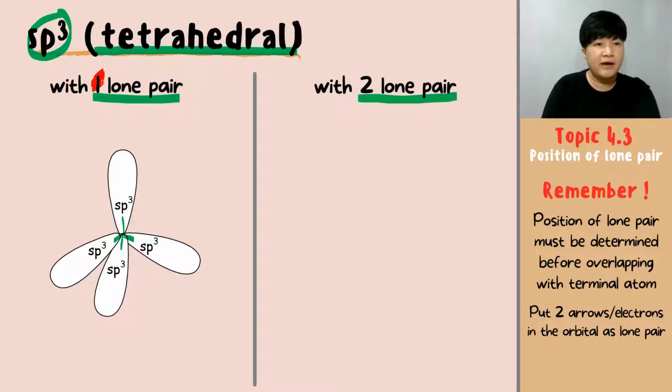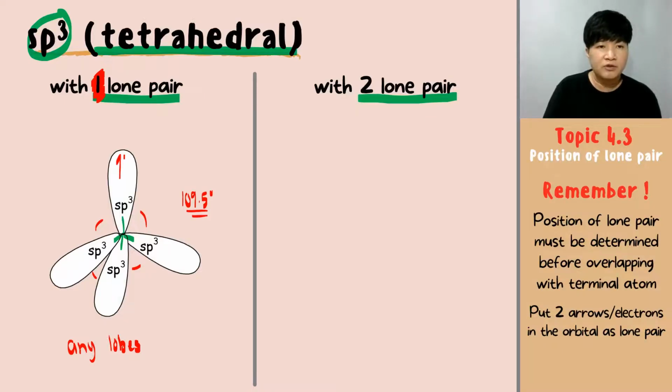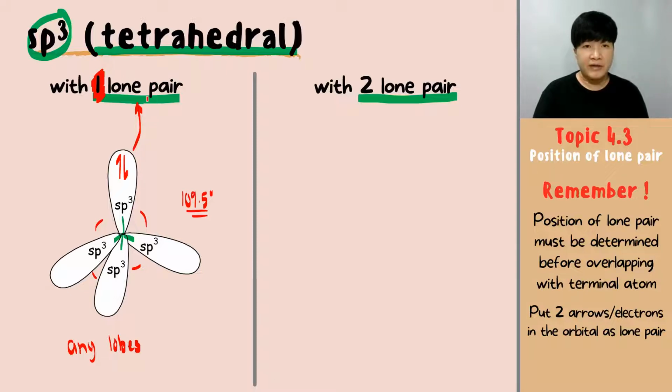Since right now we only have one lone pair, and because the angles are all the same, the bond angle will be 109.5. Since all the angles are the same, the one lone pair can be located in any of the lobes. So you can simply put in a pair of electrons without overlapping. You already have a pair of electrons in opposite spin. That is your lone pair. Okay? Simple. That is how we determine the position of the lone pair.